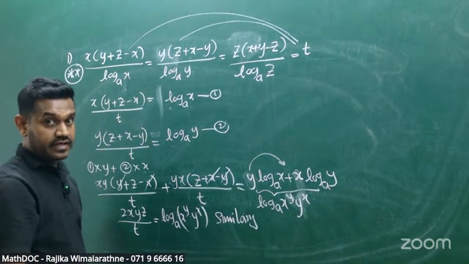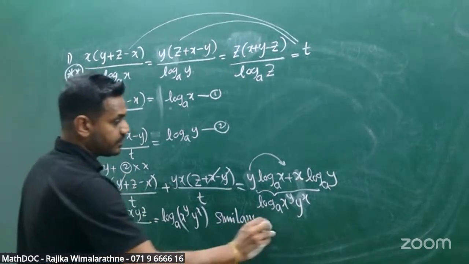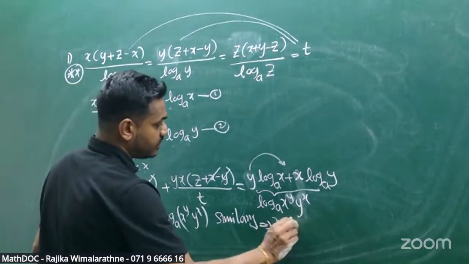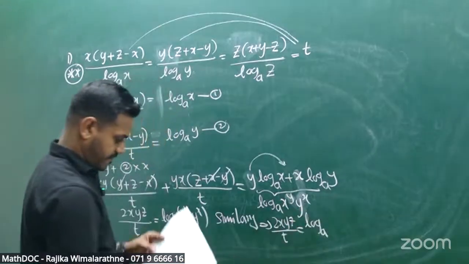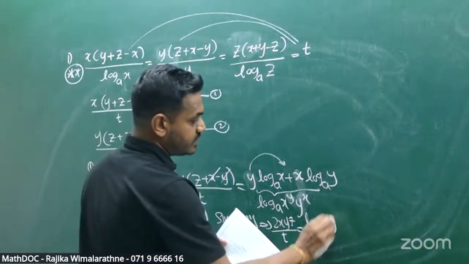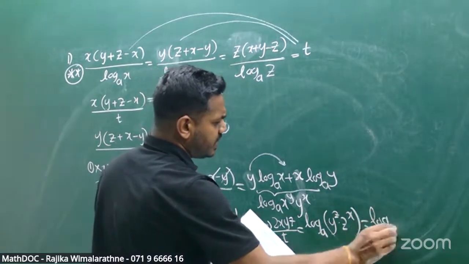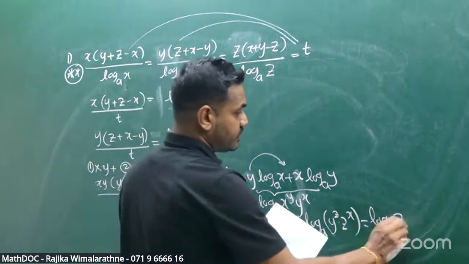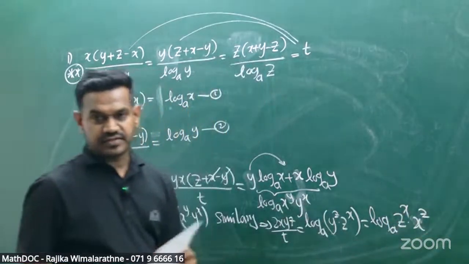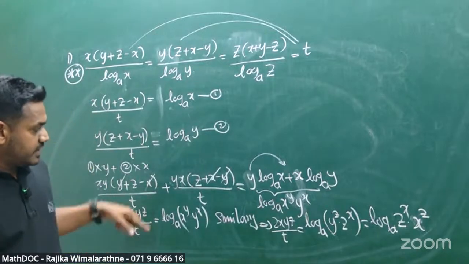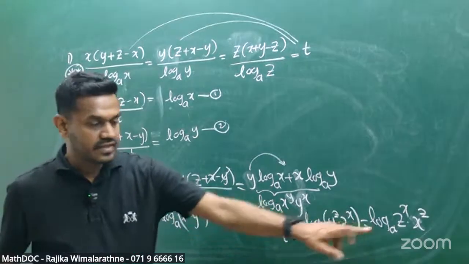Then similarly, you write the other two equal with this. 2xyz over t equals log a base y to the power z, z to the power y equals log a base z to the power x, x to the power z. Likewise, you write. You take one, similar to the other two. Now these three are the same, no?